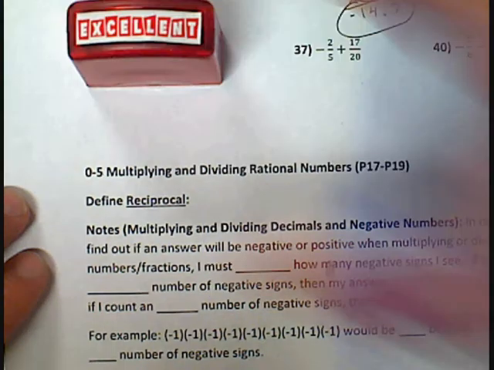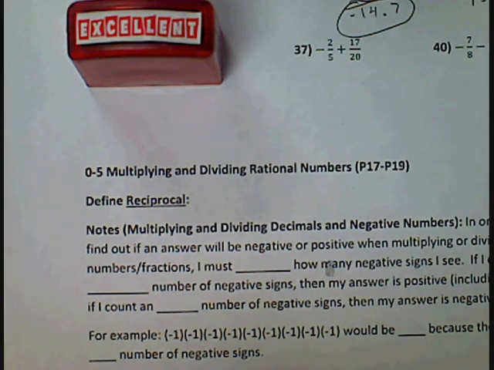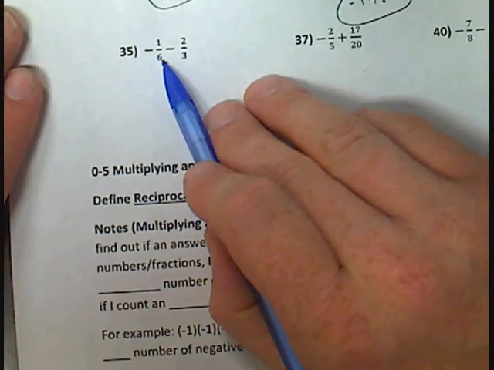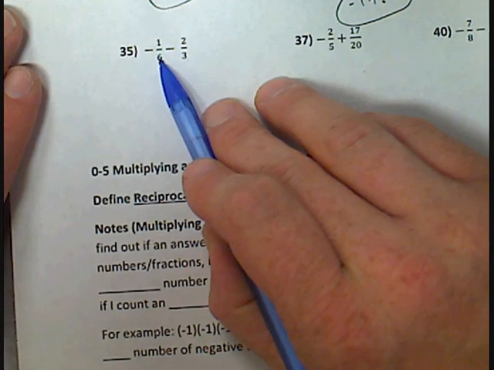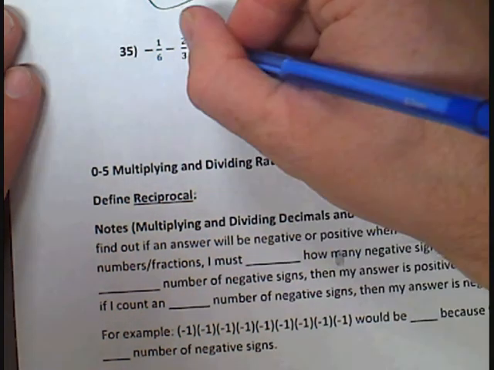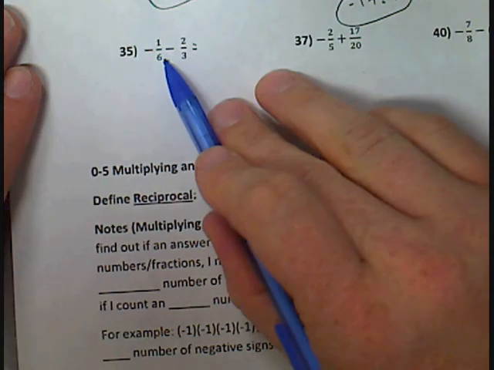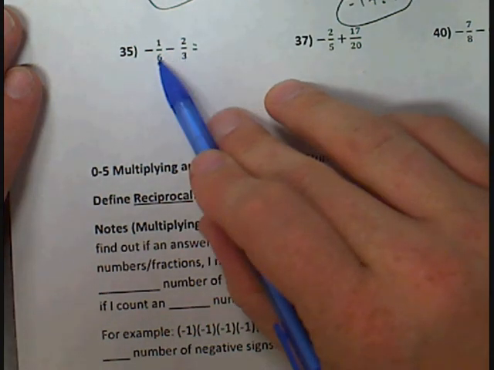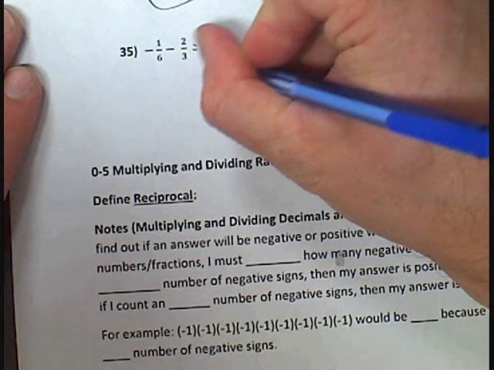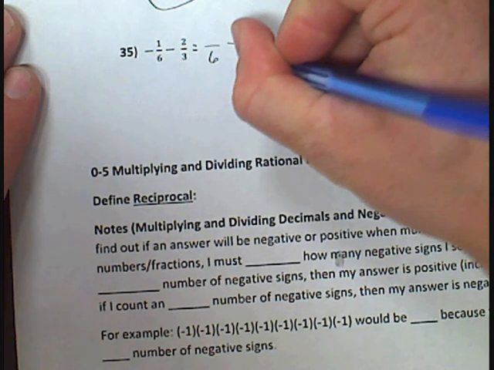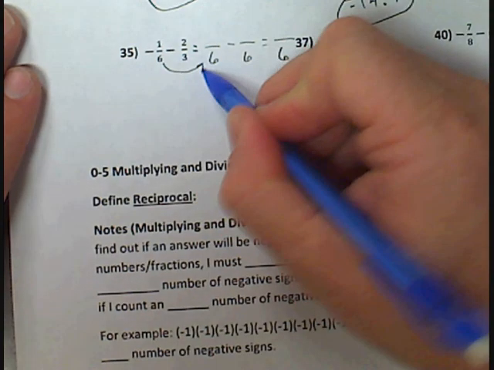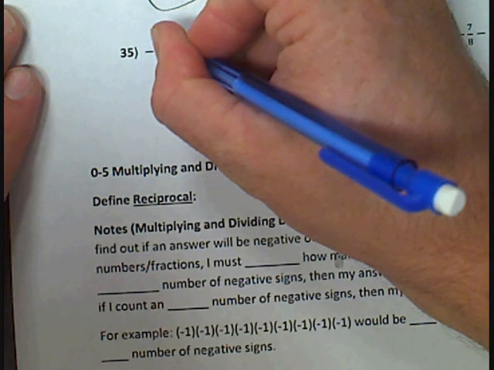Pause the video and try. I do not have the same denominator. I need to come up with the same. My denominators have to match. So the least common multiple would be 6. Something over 6 minus something over 6 equals something over 6. How did I get from 6 to 6? Times 1. So I need to multiply the top times 1.